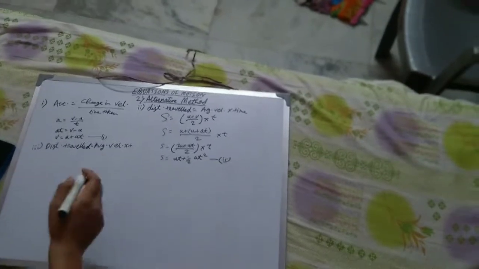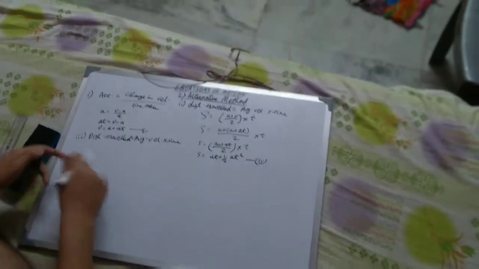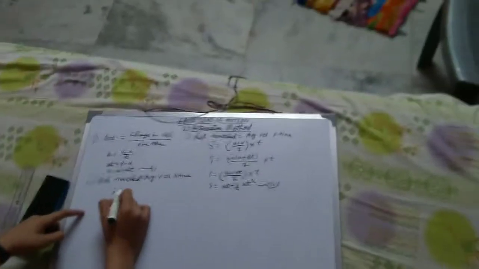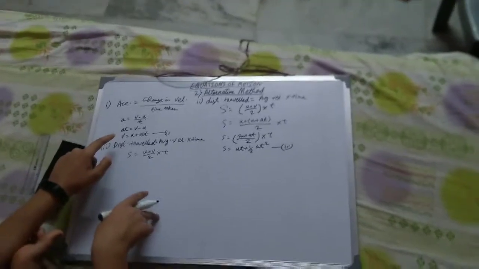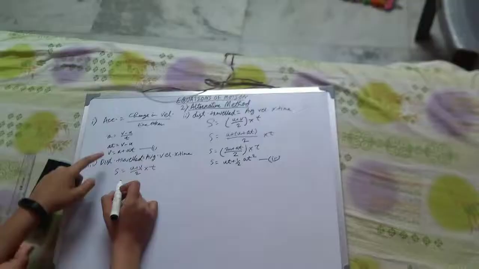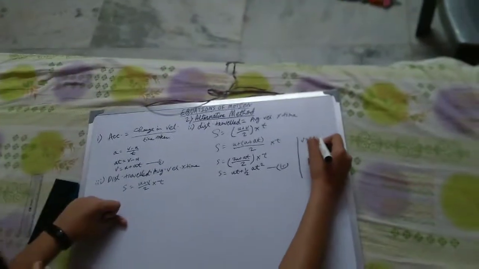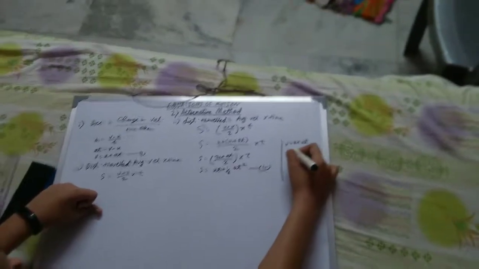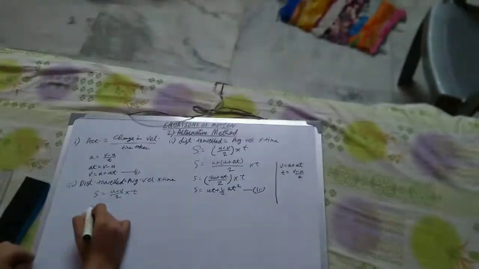Now we also know that s equal to u plus v by 2 into t. But from equation 1 we have got v equal to u plus at, or t equal to v minus u by a. This is the same thing as I have done for the graphical representation method. So let us put that value here.